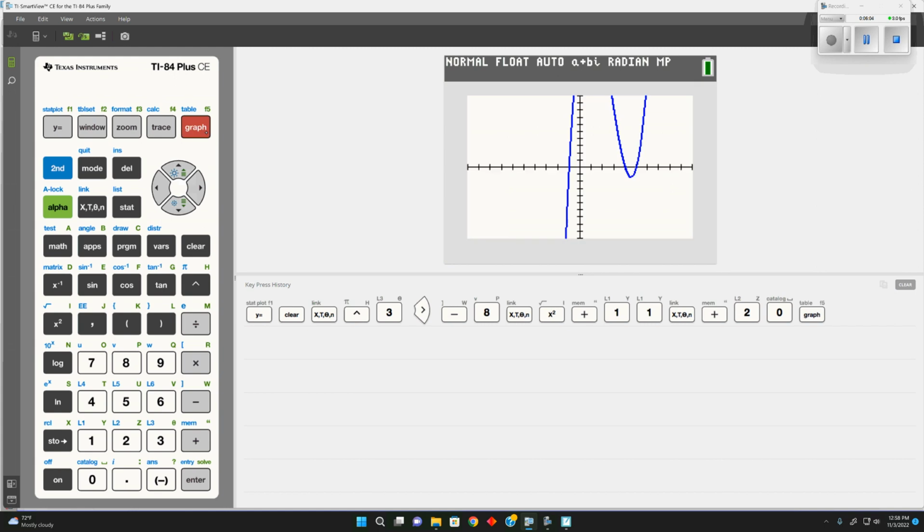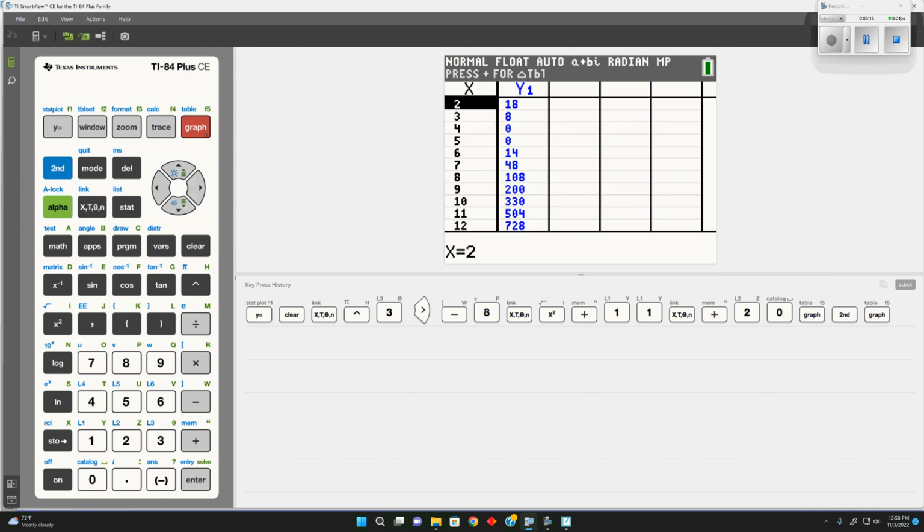And we can hit graph. It does cross in 3 places, yes? Where does it cross? When x is -1, y is 0.